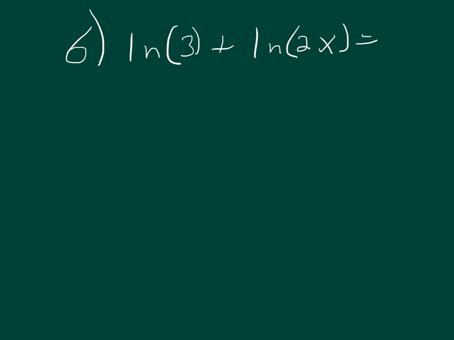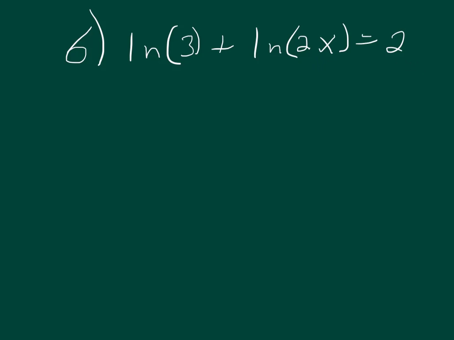Now for problem number 6, you see it says the ln of 3 plus the ln of 2x, and that is going to equal 2. Now remember, anytime you look at this, you're going to look at the left side and the right side, and you're going to ask yourself, how many logs do you see?